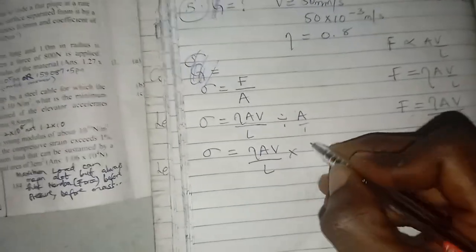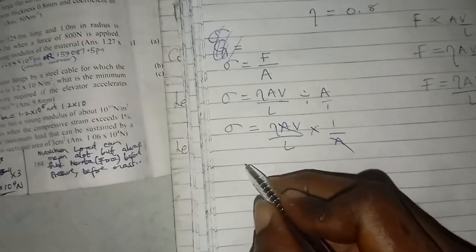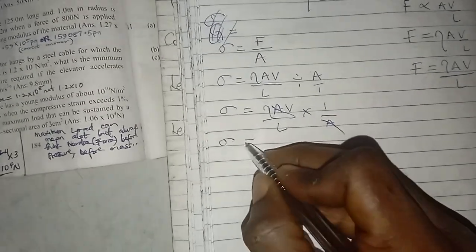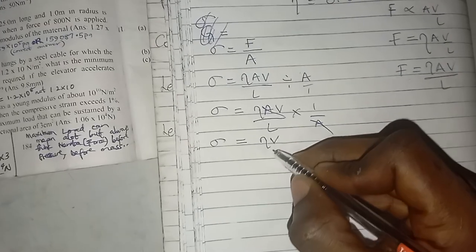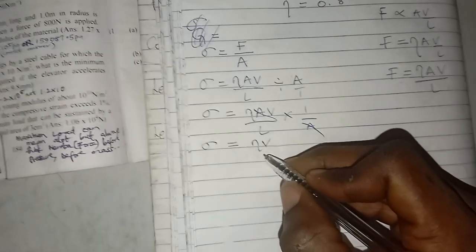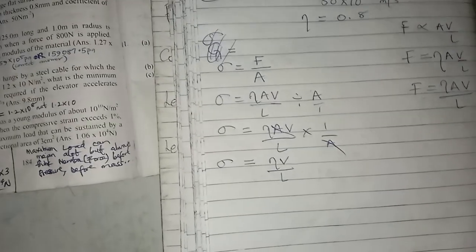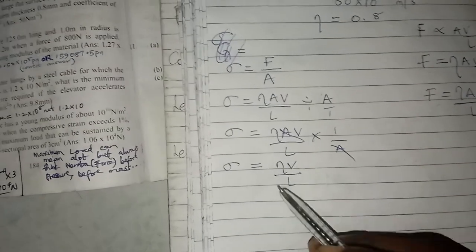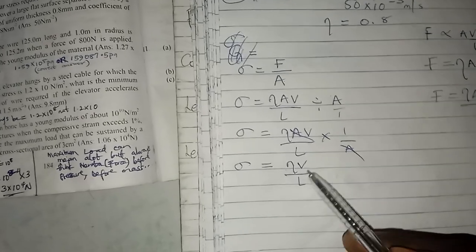So reverse it, 1 over E. E can take care of this E. So you now have that shear stress is just coefficient of viscosity times velocity all over L. So what it means is that another way to define shear stress is simply the product of coefficient of viscosity and velocity gradient.